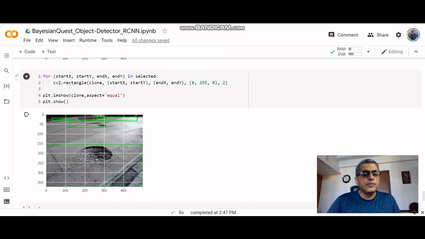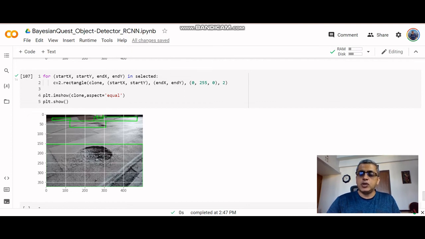Similarly, in these areas there is another pothole, and this region is also a pothole. But the other regions are probably misclassifications, because you don't see potholes. Maybe just these lines have been taken as potholes. We are not too sure whether that's a pothole or not, but it looks like maybe a crack in the road, so we can give it the benefit of the doubt.